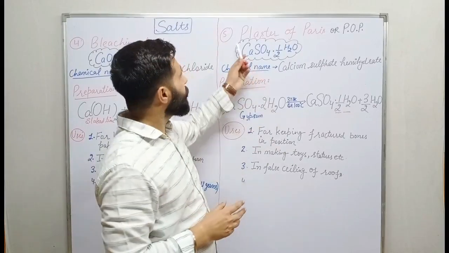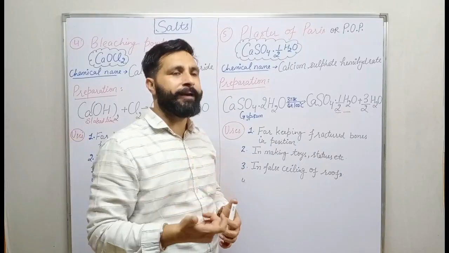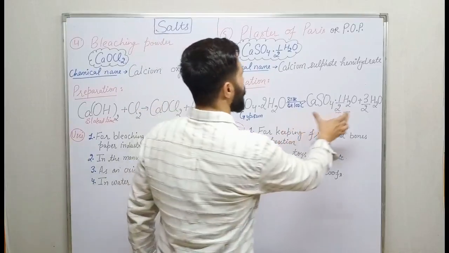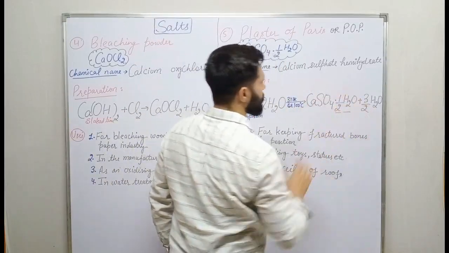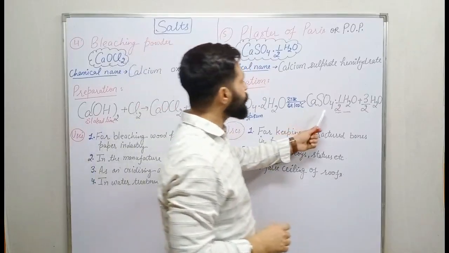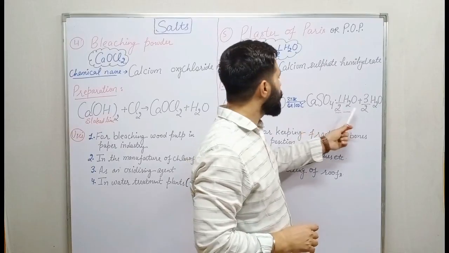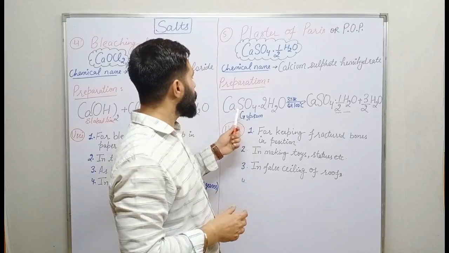Clear? POP is a white powder. When it is mixed with water, within 5 to 10 minutes, it's again converted into gypsum. When we add water, it converts into a hard solid substance which is called gypsum.